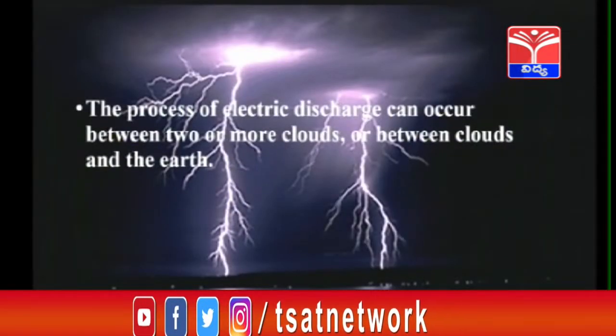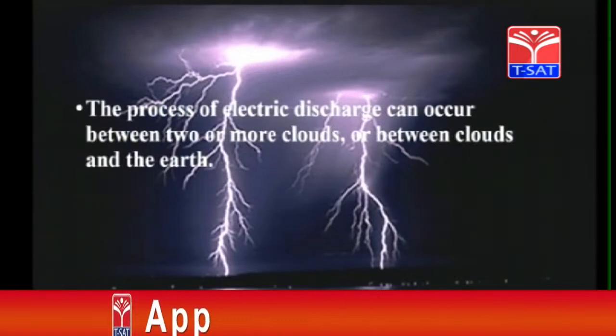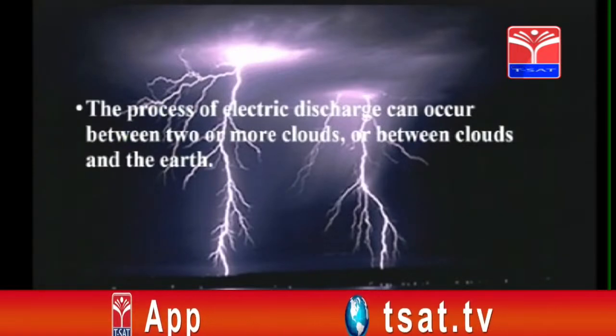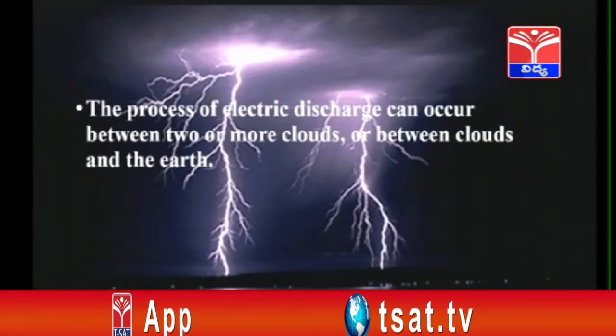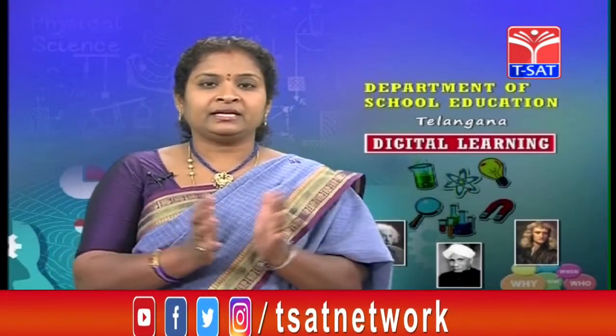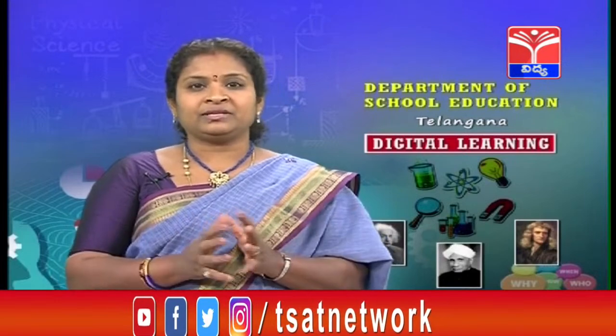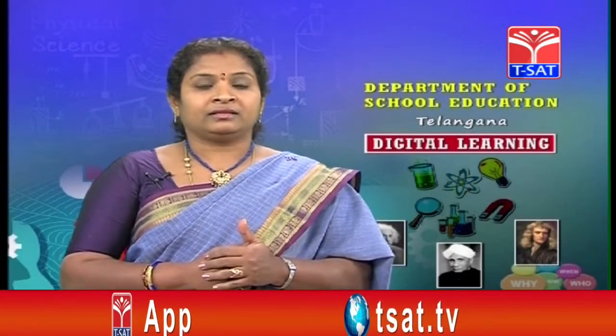This is a process of electric discharge between two clouds or between the cloud and the earth. As I told you, when these heavy clouds are moving and hit or collide with each other, the transfer of charges takes place from one cloud to another cloud, or it can be between the cloud and the earth.